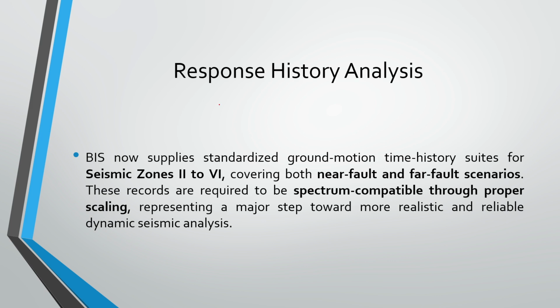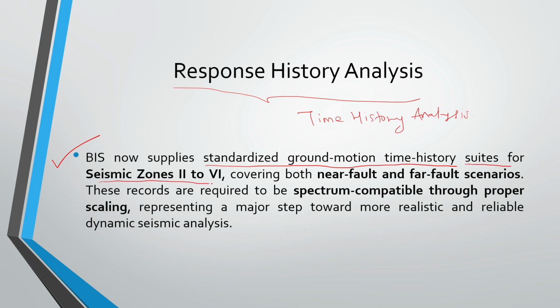Then very important, the response history analysis or the time history analysis. Now it has been very much strengthened because the Bureau of Indian Standards now supplies standardized ground motion time histories that suit seismic zones 2 to 6.